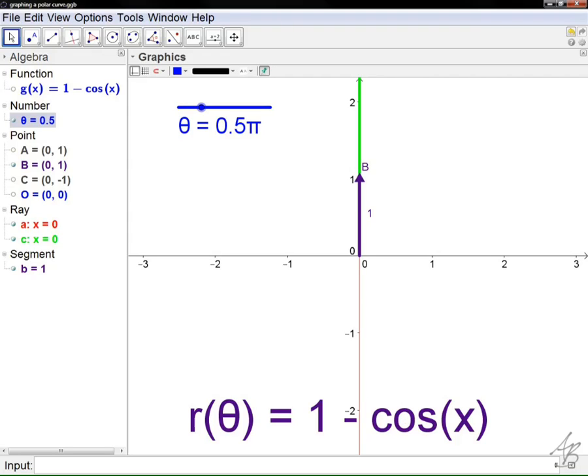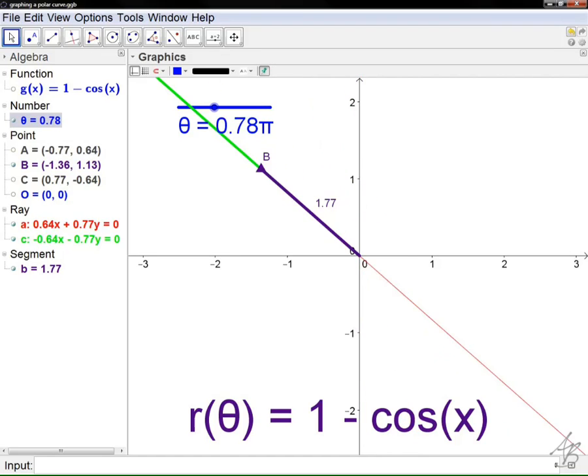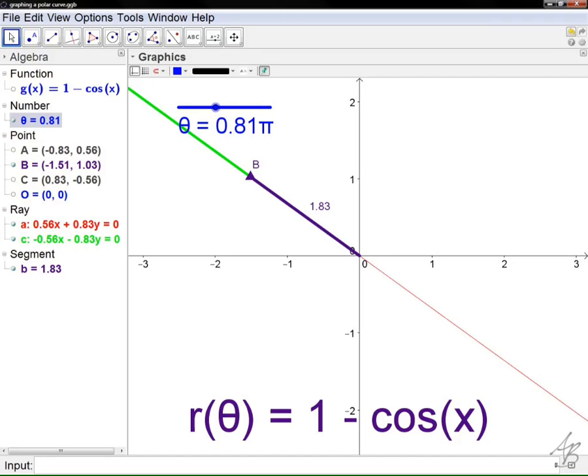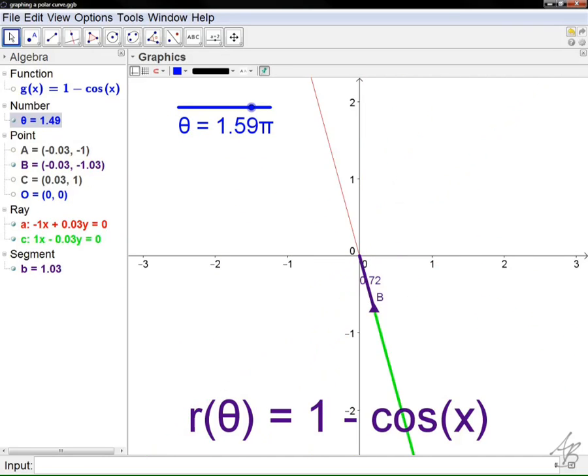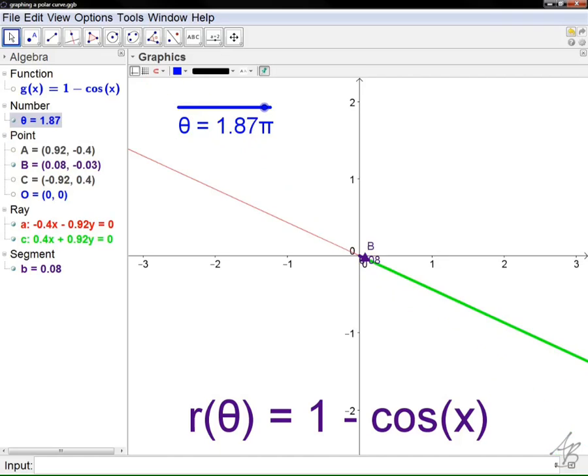If I increase theta to a different value, I'm just going to pick a random one here, say 0.81 times pi, now the distance between the origin and our point is going to be 1.83 along that angle. So as this green line swings around, theta changes, and as a result, this distance from the origin changes. And we can look at what happens as theta goes from 0 all the way around to 2 pi, and we can see how that point is affected.